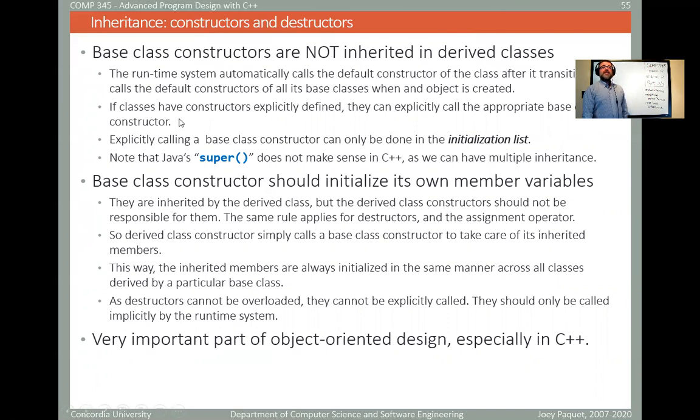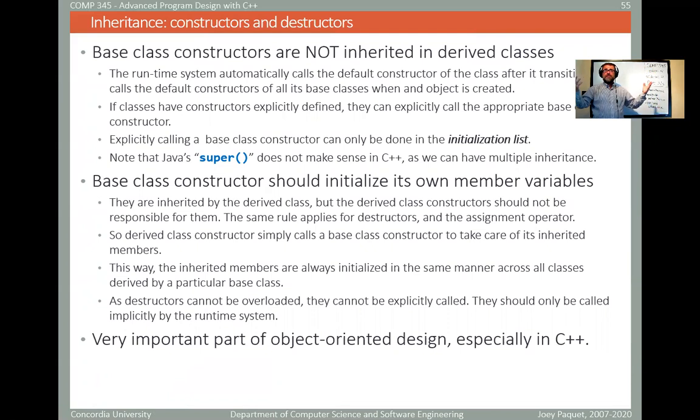If you have classes that implement explicitly defined constructors, they can explicitly call the appropriate base class constructor. If you rely solely on your default constructor, then it behaves in a default way, which is to call the superclass or base class default constructors.